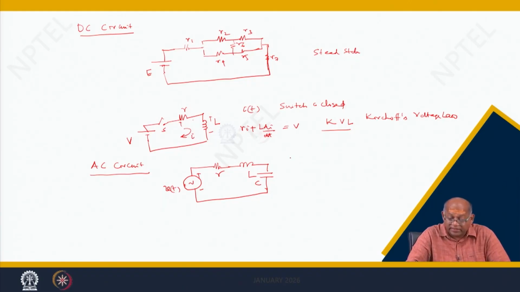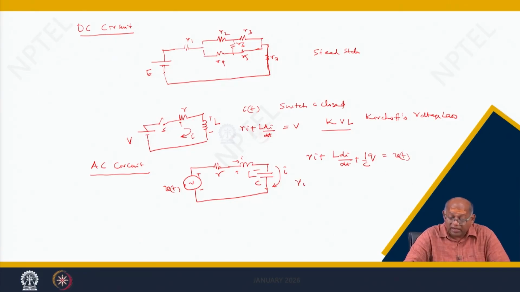You can write, the current is i. So, R into i plus L di by dt plus 1 by C into Q is equal to the applied voltage v(t). This is Kirchhoff's voltage law.